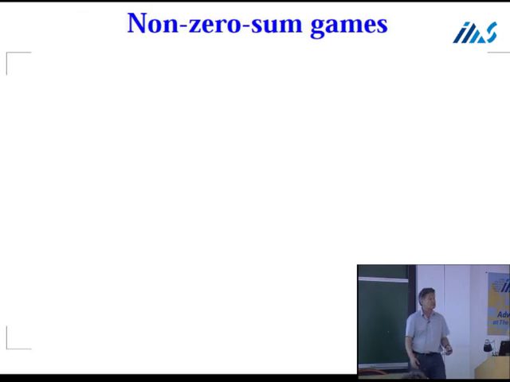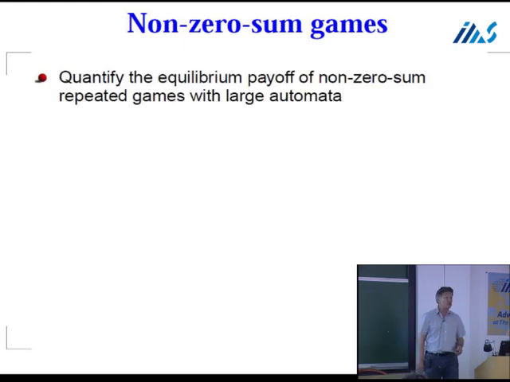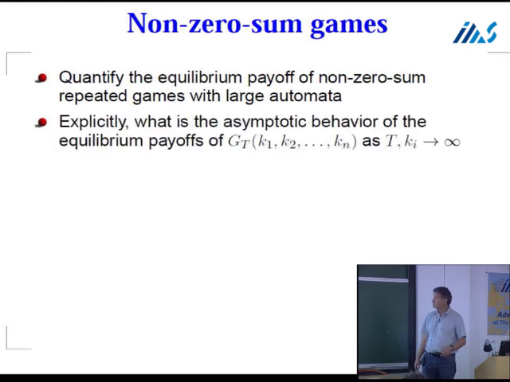Then there is the question in the non-zero-sum case, which captures slightly different issues. Here, we just want to quantify the equilibrium payoff of the non-zero-sum repeated game with large automata. So we think of the automata as being large but finite.